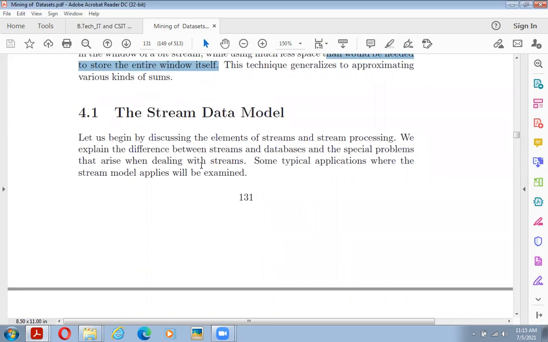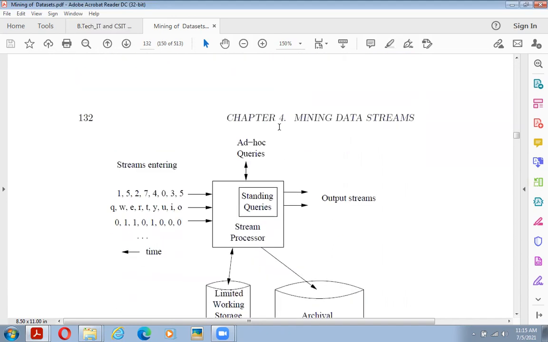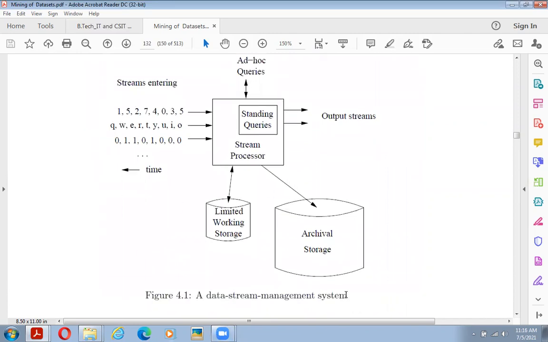To understand how this window technique works, we have a model known as the stream data model. It works like this. We have a data stream management system, and many streams are entering, such as 1527400, QWERT, and these numbers.